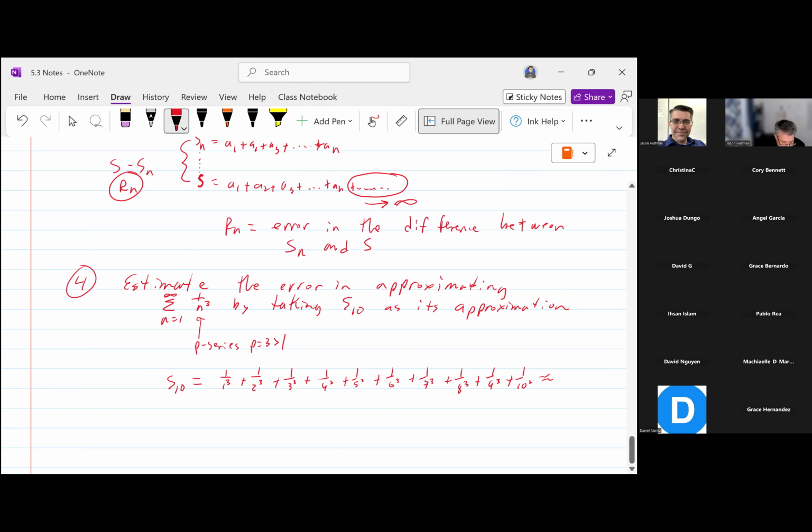And I think if I plug this into the calculator, I get 1.1975. Let me just verify that.